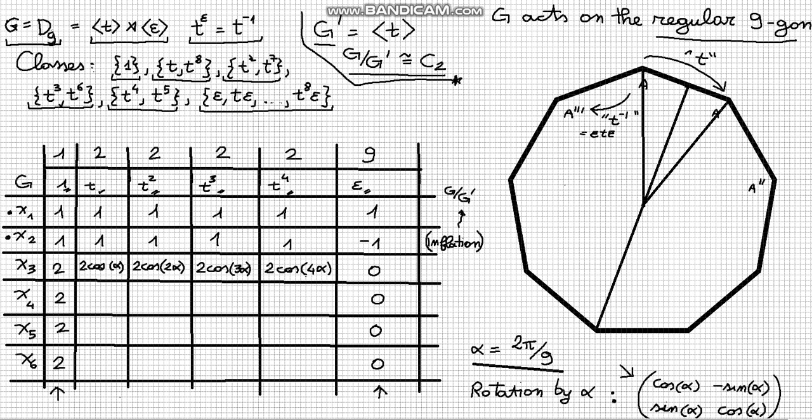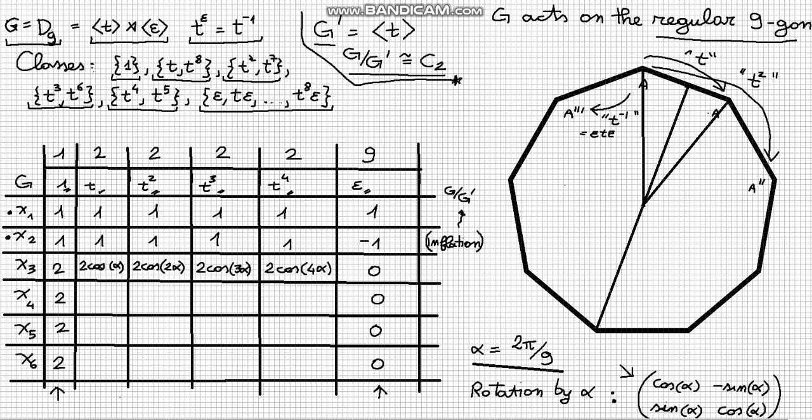Now, what about the other characters? Instead of doing what I did here, you can think that your t is not a rotation of this angle, but it's the rotation of this other angle here. This is what you would call t squared, but it's not t squared, it's just a representation of a possible rotation corresponding to t.